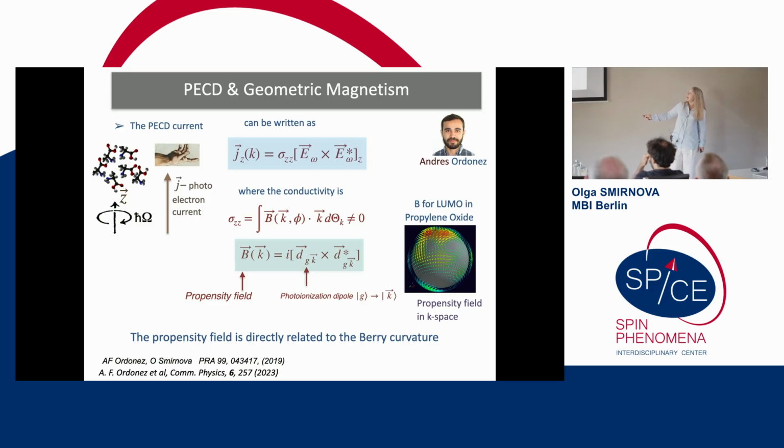And the conductivity is, interestingly, a flux of a certain field through a sphere in K space, which is basically the energy shell. The field, we call it the propensity field, is simply a vector product of two photoionization dipoles, which connect the ground state with a given continuum state. What we found later is that the field is directly related to Berry curvature.